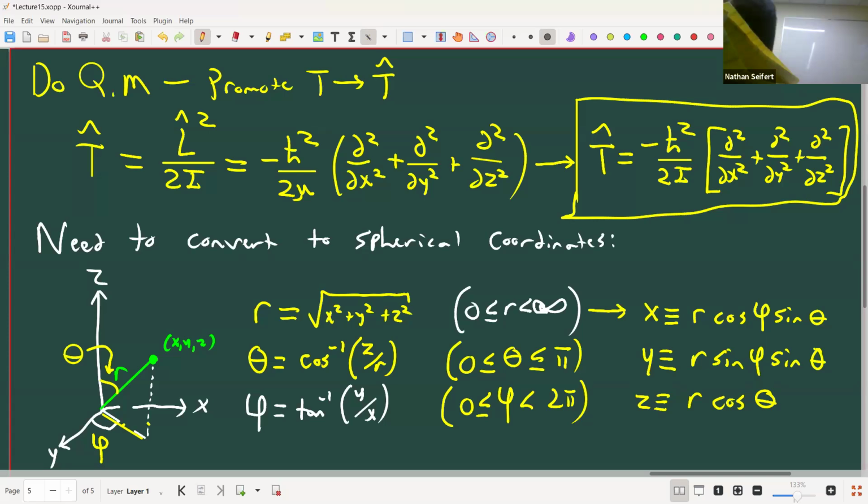It's quite a bit of math, and it makes it more complicated. We're going to have some terms dependent on theta, some dependent on phi, some dependent on r, but it's not going to look nearly as clean as this. Because we're going to take some products, we have some product rules in our derivatives, some chain rules. It's going to look kind of nasty, but it takes advantage of the symmetries of our problem.